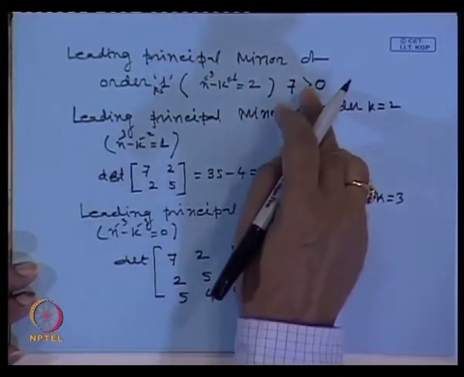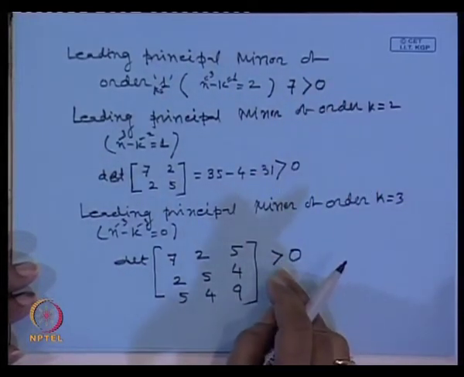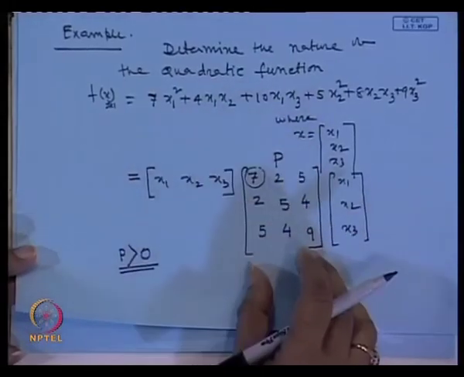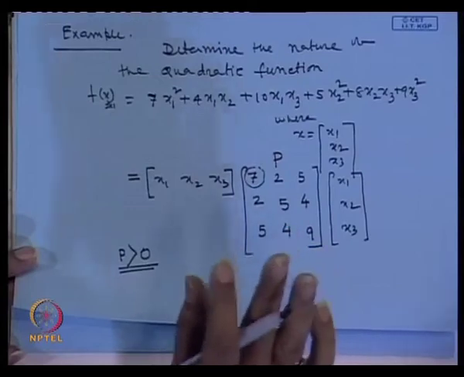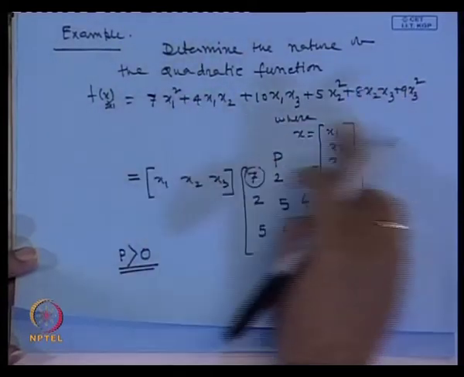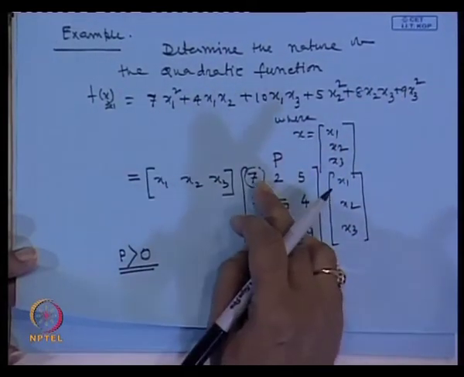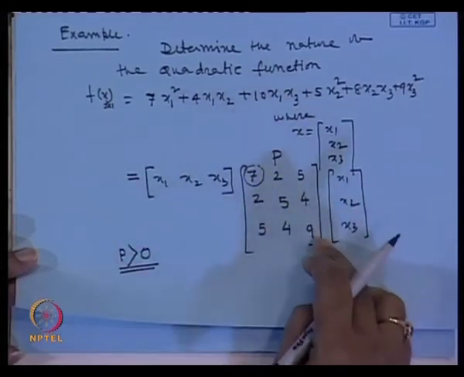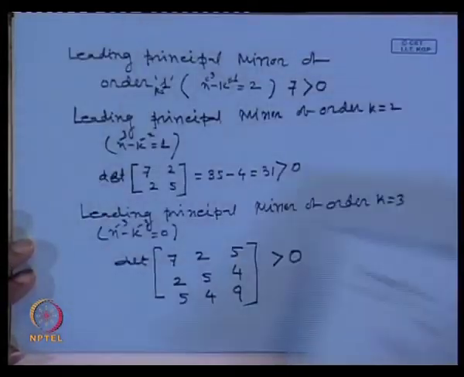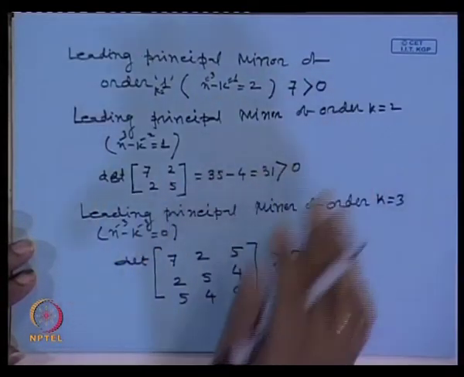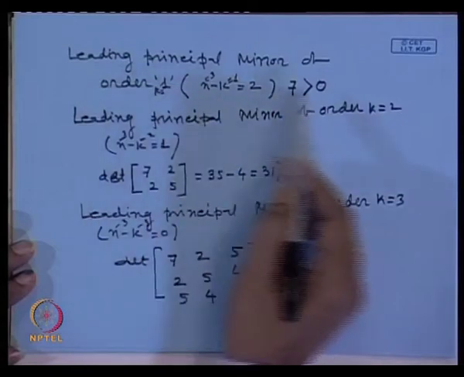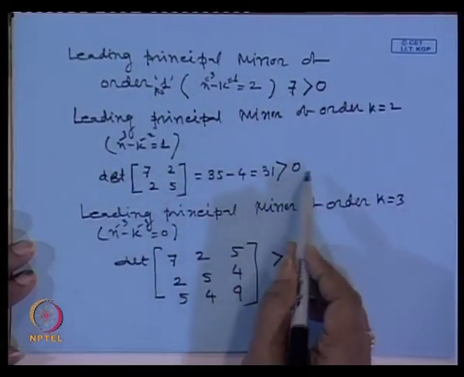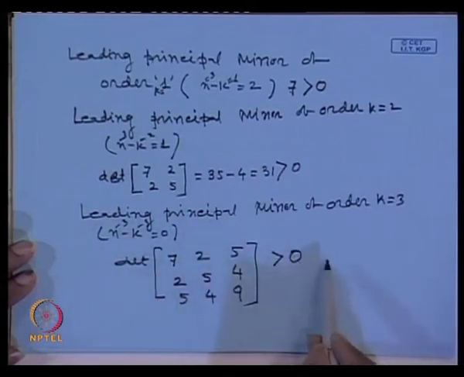So, according to the Sylvester theorem, first, if the matrix P is symmetric, and in our case we have formulated it as a symmetric matrix, check that all the diagonal elements are positive, they are all positive, then proceed to check that all leading minors must be greater than 0. The order 1 minor is 7, greater than 0, order 2 is greater than 0, order 3 is also greater than 0.